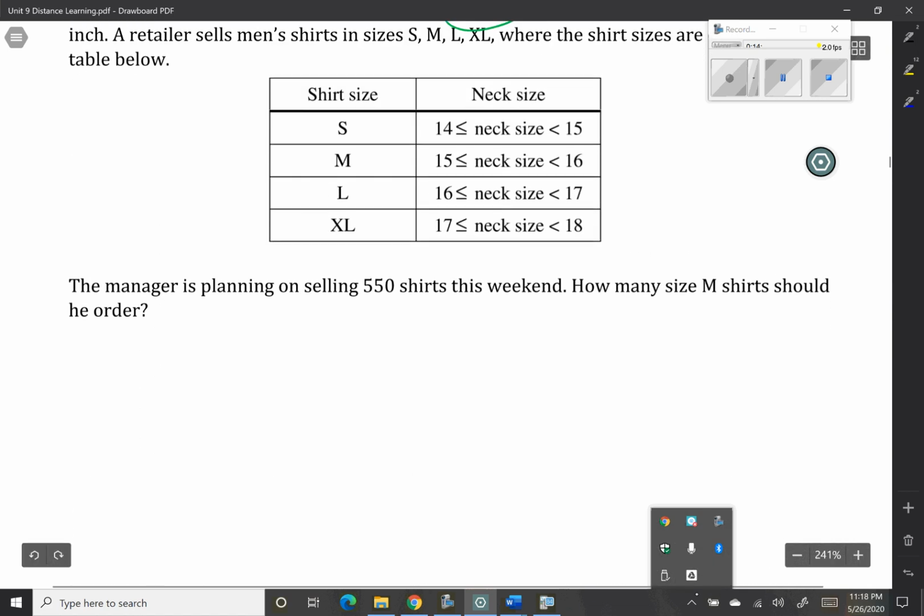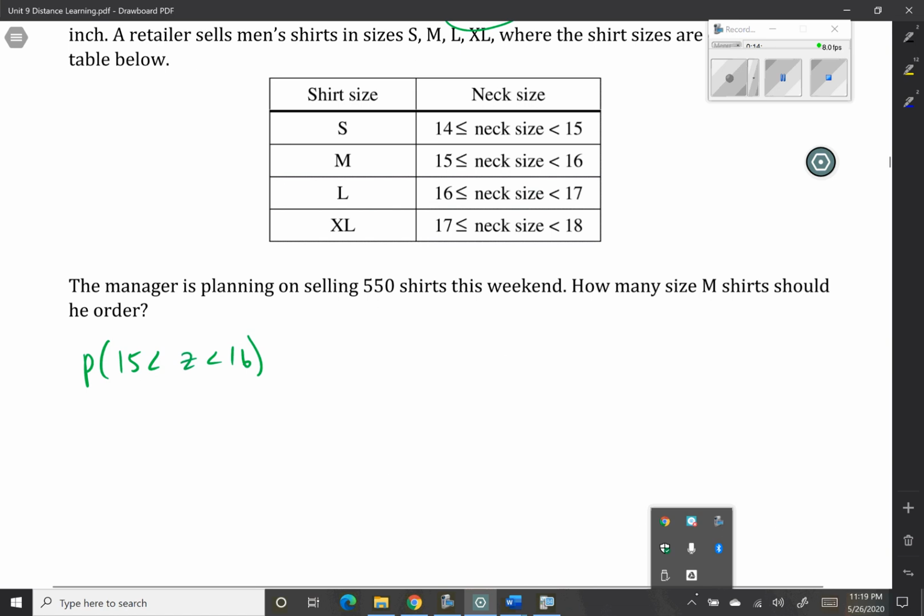So for mediums, we want to be between 15 and 16. So we want to find the probability the value is between 15 and 16. If I can do that, I then know the chance, so I can multiply the chance by 550 and figure out how many shirts he should order, right?